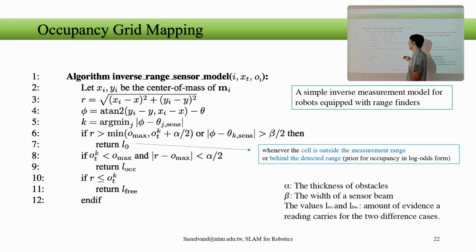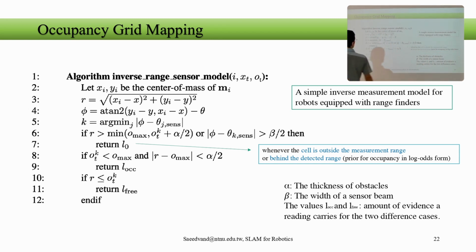The range is the distance of the obstacle or object that I have, and the bearing is the angle that I have: range-bearing calculations. Then we calculate k, which helps me to calculate these ifs. These ifs represent different things.